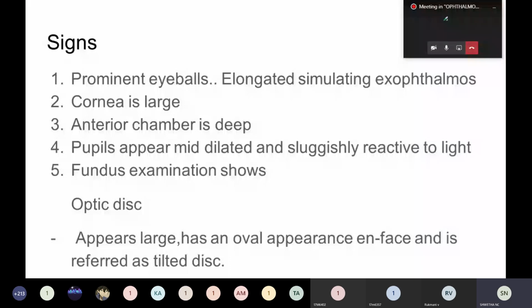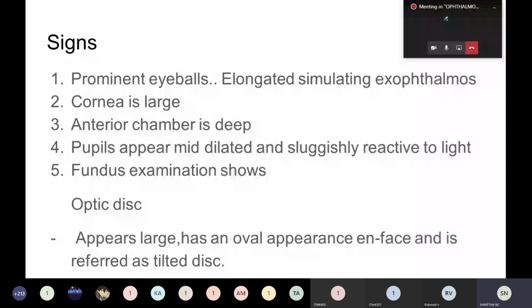It is large in high myopia, and sometimes the optic disc appears tilted. So we call that the tilted disc. It may appear oval in shape.